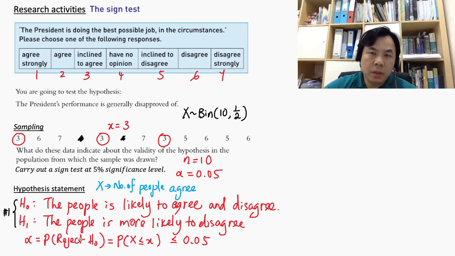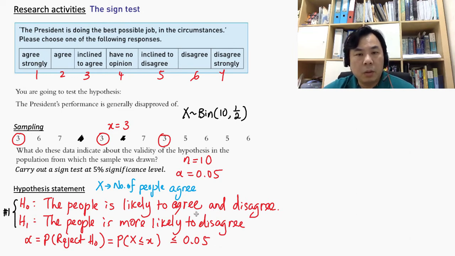So alpha actually represents type 1 error. It's the probability of us rejecting the null hypothesis not due to chance. Right. So in our case, if we represent x as the number of people that agree with that statement, we are trying to look for the probability of x less than a critical value x here that will yield anything less than 0.05 for us to be able to reject the null hypothesis.